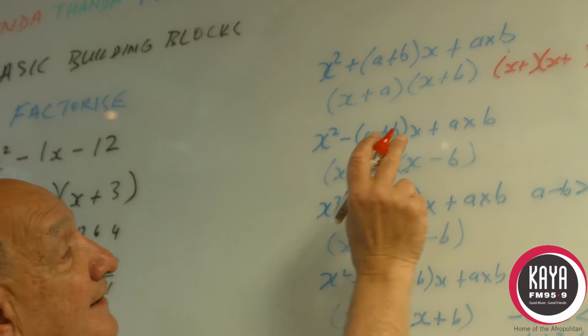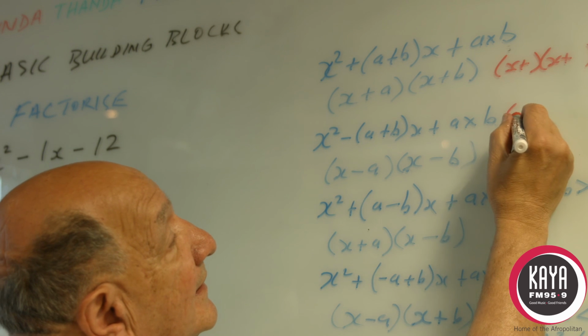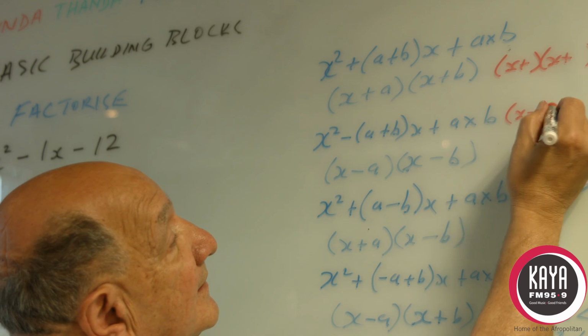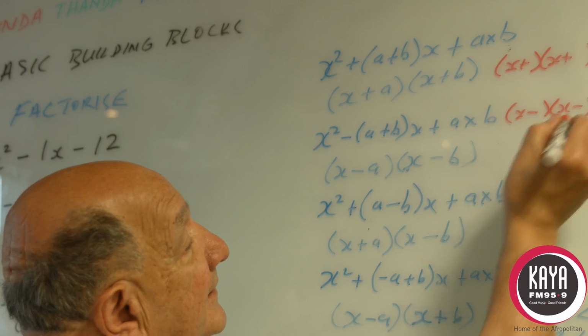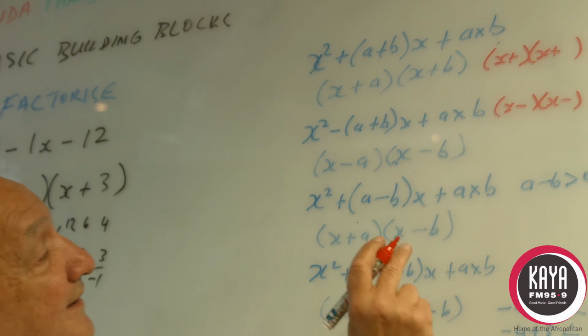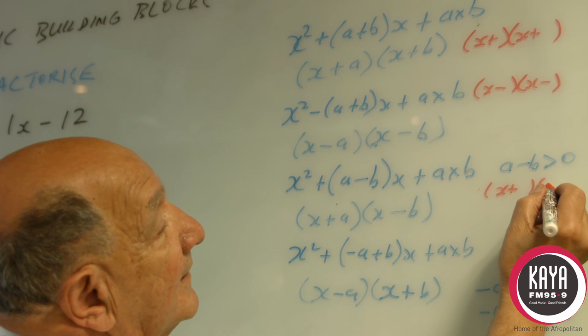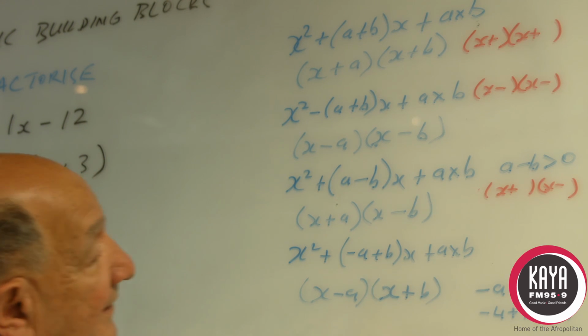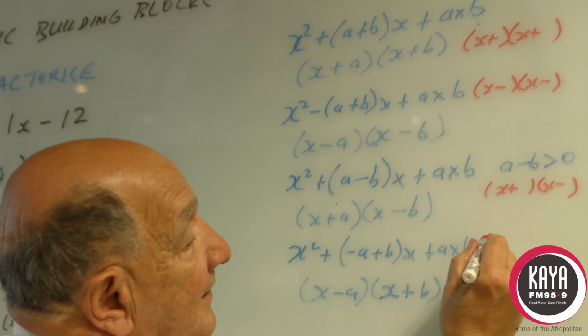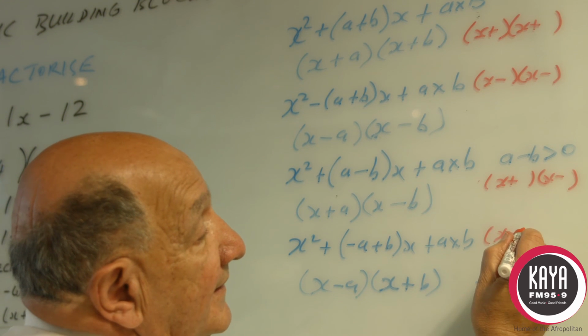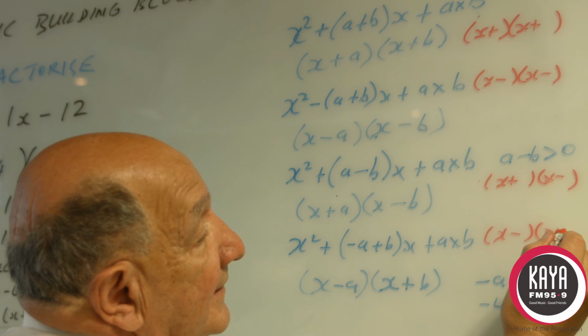The signs here are going to be x minus and x minus. The signs here are going to be x plus and x minus, and the signs here are going to be x minus and x plus.